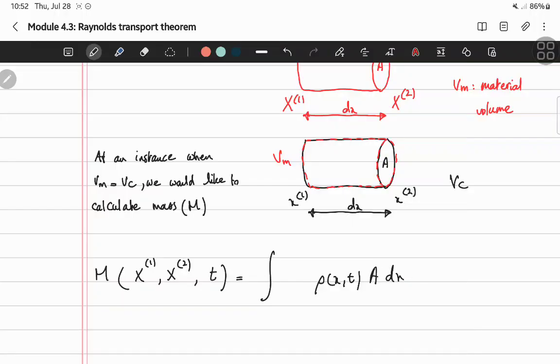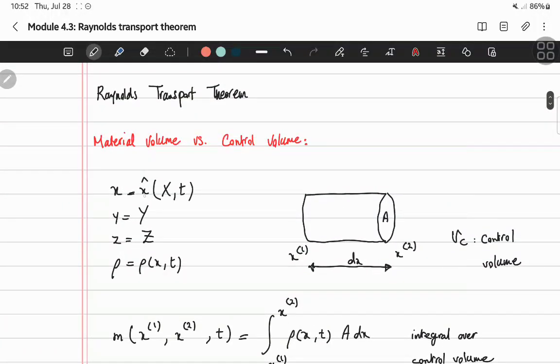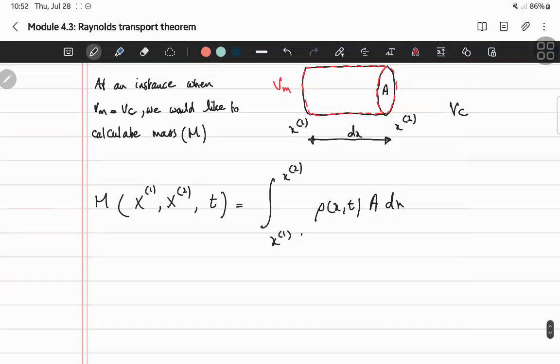And now these x1 and x2, since we already mentioned that small x is a function of capital X and t, they become a function of capital X1 and t and capital X2 and t. So that's why we write this capital M in here.